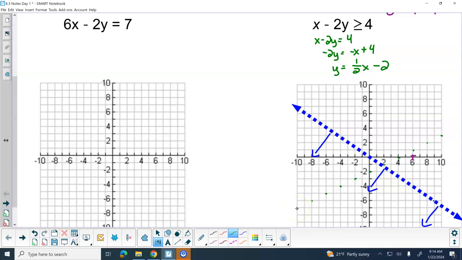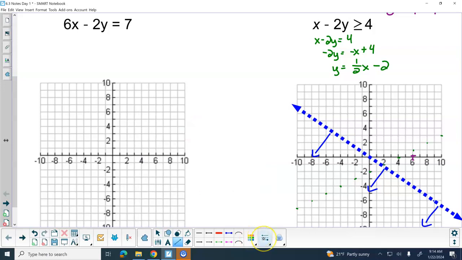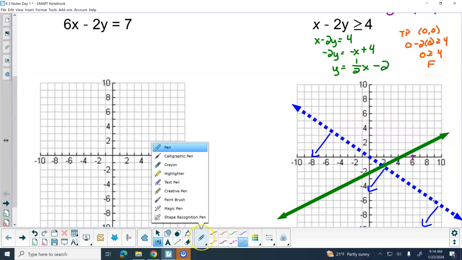Solid or dashed? I want solid. Didn't go through the origin on that one. So that's going to be 0 minus 2 times 0 greater than or equal to 4. Another falsitude.